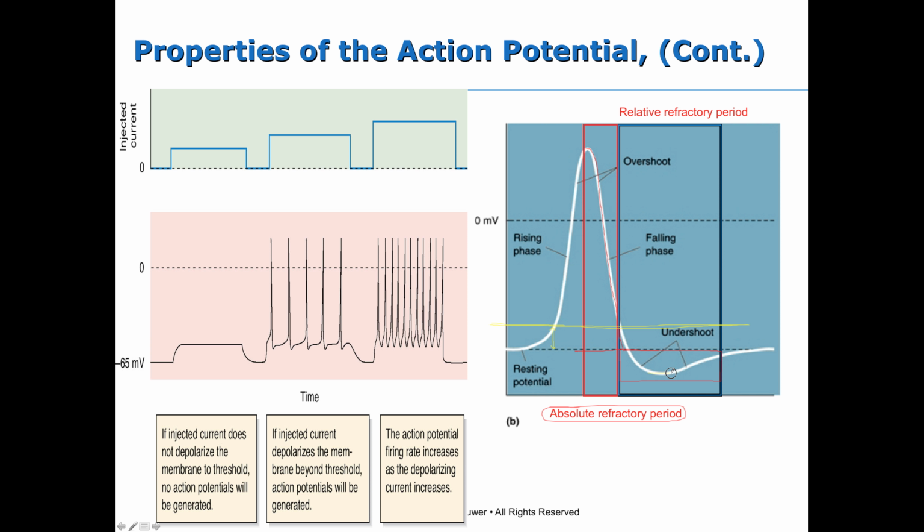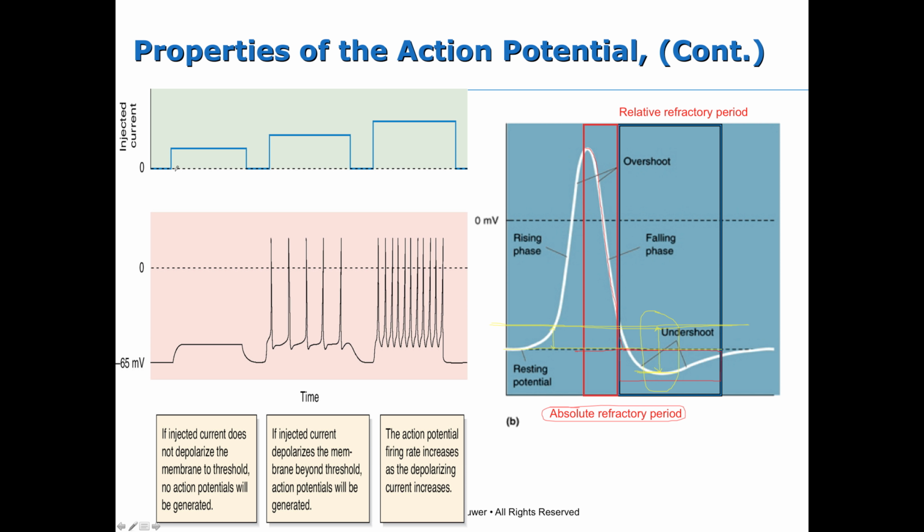If you're down here at roughly negative 80 millivolts, in order to get you from negative 80 to negative 55, you need 25 versus 15. So do you see what I'm saying? In the relative refractory period, it's possible to fire another action potential, but you just need a greater stimulus than you normally would if you were at resting state.